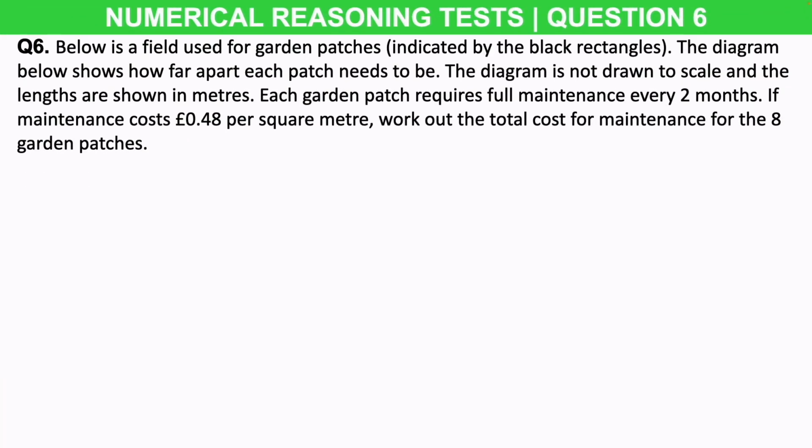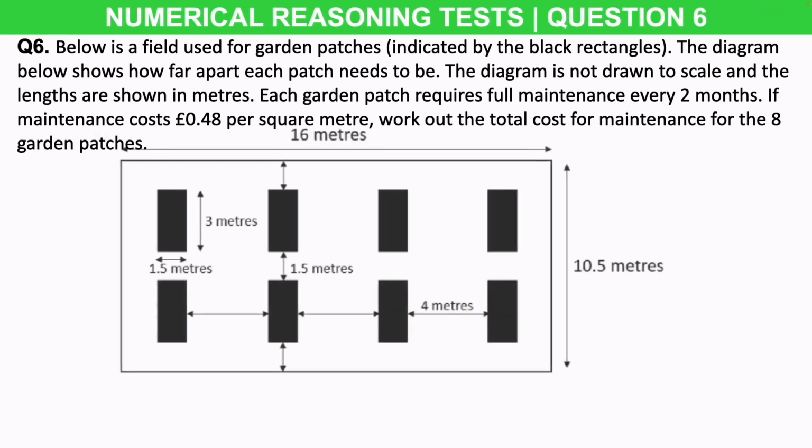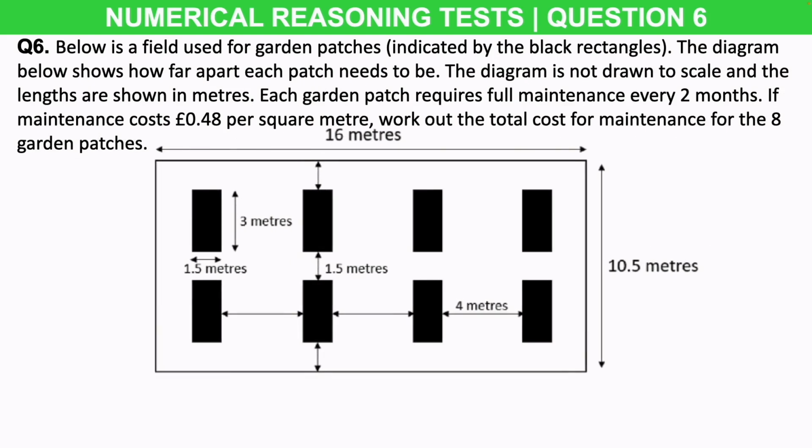Below is the field used for garden patches, indicated by the black rectangles. The diagram below shows how far apart each patch needs to be. The diagram is not drawn to scale and the lengths are shown in meters. Each garden patch requires full maintenance every 2 months.